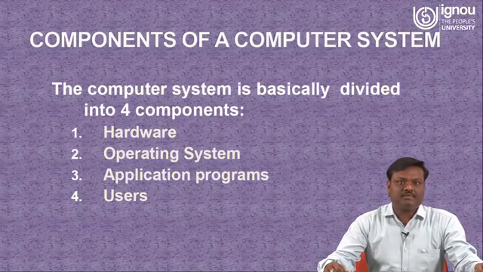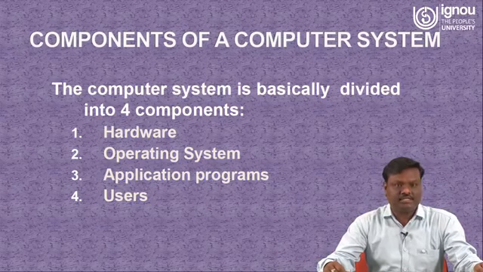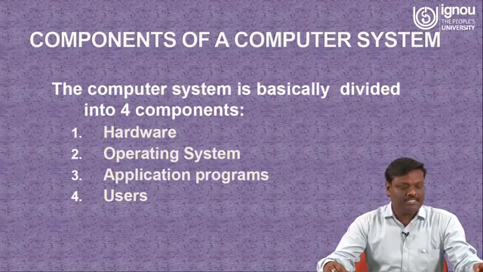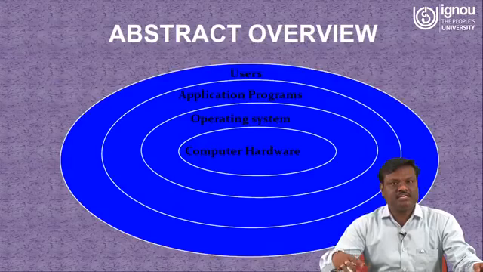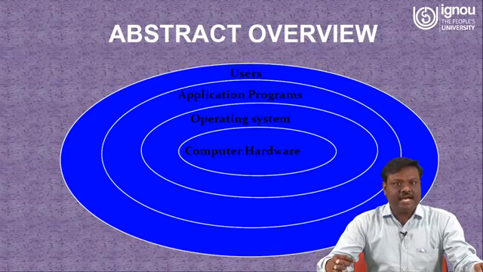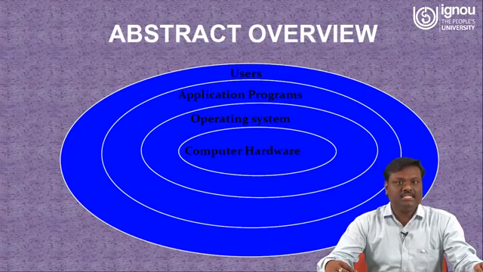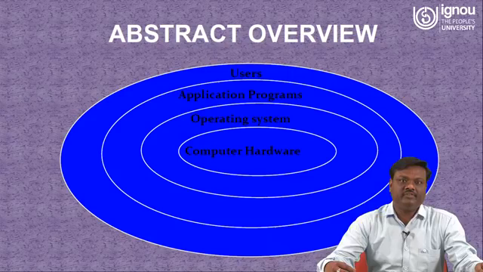To start with, the computer system basically consists of 4 main components. First one is the hardware part, then the operating system, application programs, and the fourth layer is users. So, one by one we will discuss. This is the actual architecture we are talking about. In the central part, that is in the nucleus, we have the computer hardware.